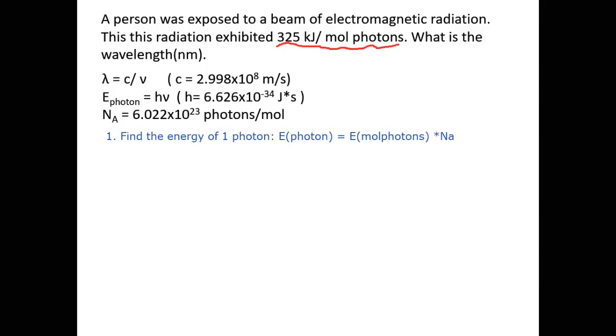So that would be energy of a photon would be 325 kilojoules per mole.